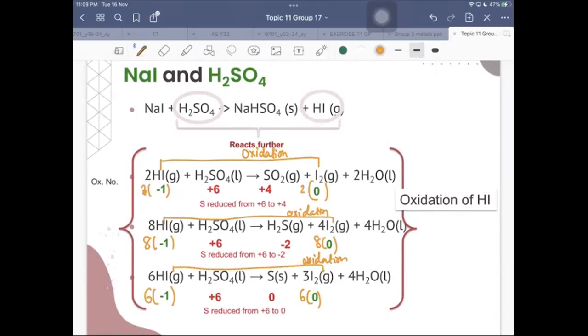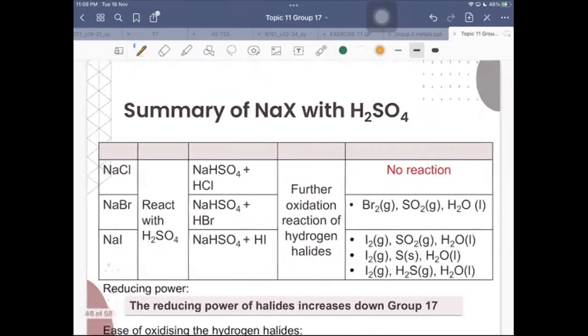So what hydrogen iodide is doing is that it reduces sulfur to different things. Sulfur in sulfuric acid is reduced to SO2, it can be reduced to H2S, and it can also be reduced to sulfur as a solid powder. It's a yellow solid.